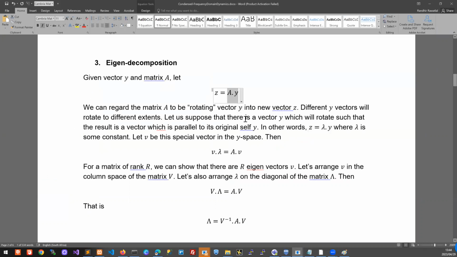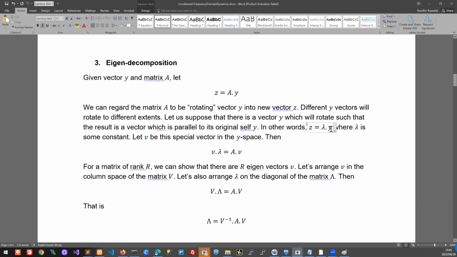So this operation of the product of A and a vector gives us a new vector, and that's generally fine. But we are going to propose that there are some special vectors. We have a constant matrix to begin with, and we are multiplying by our choice of vector. And we are going to claim that there might exist a vector such that when we multiply that vector by A, the result will be parallel to the original vector.